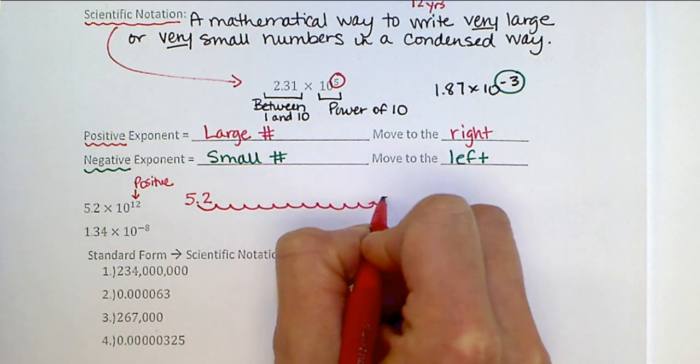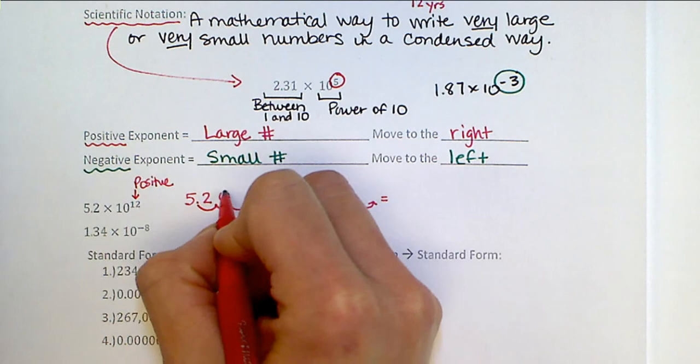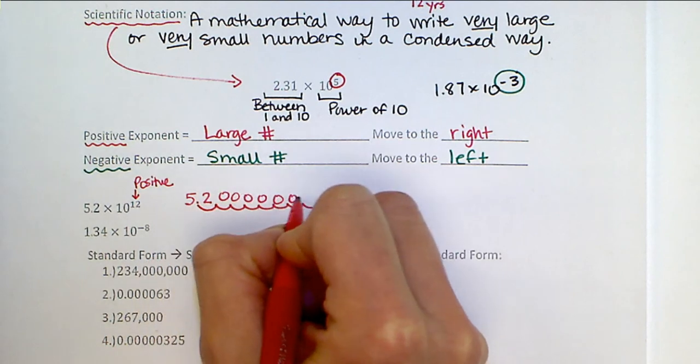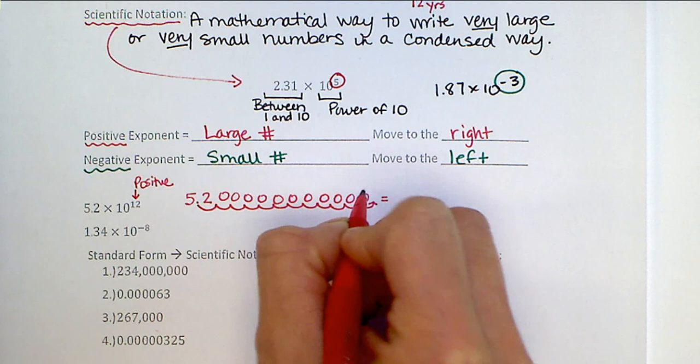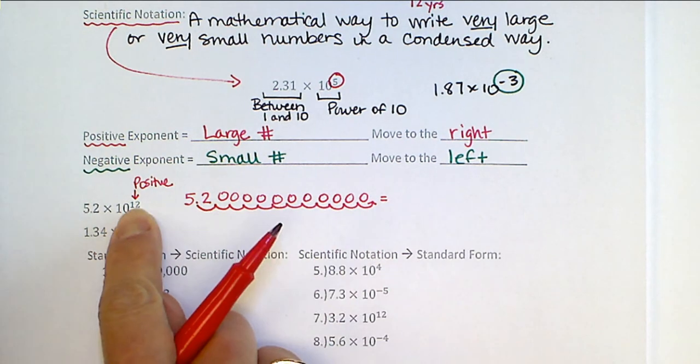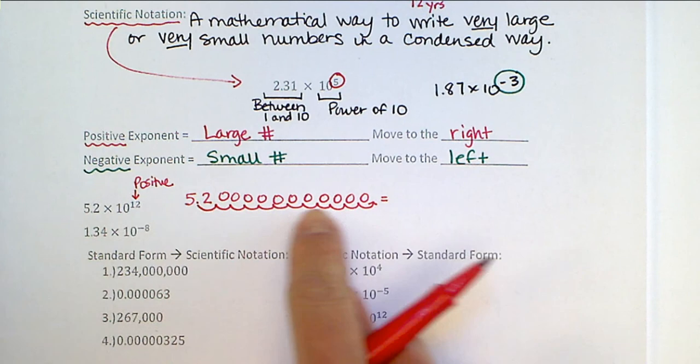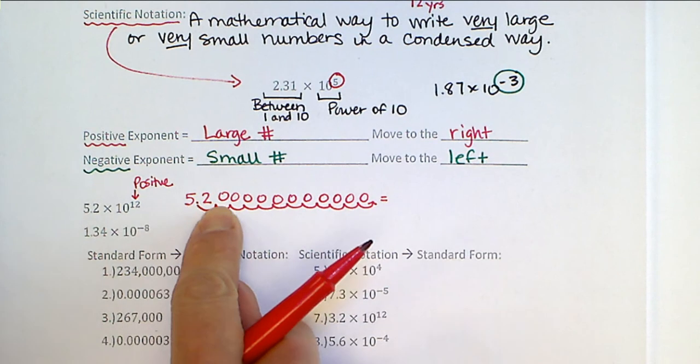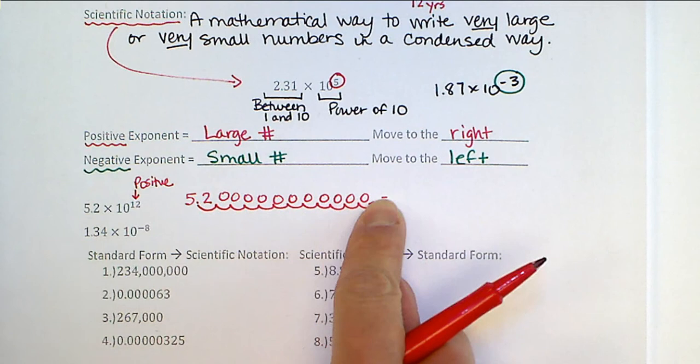All of these loops you have to fill in with zeros. But it's not 12 zeros, because my first loop had a 2 in it. So don't just add 12 zeros. You're moving 12 places over, and one place was already occupied by a number, so I only needed to add 11 zeros.